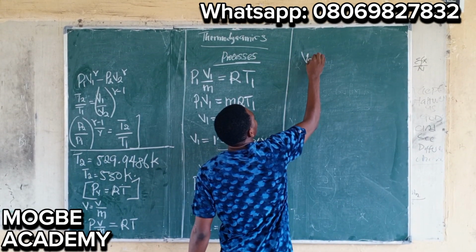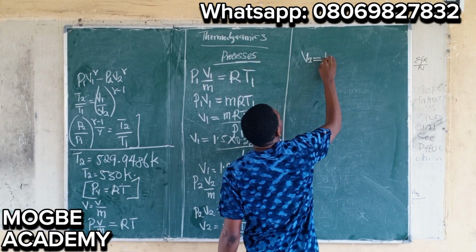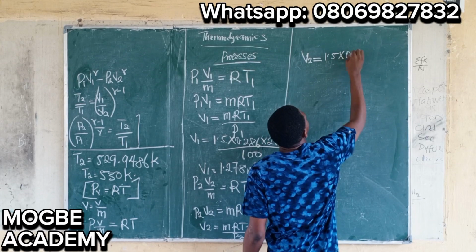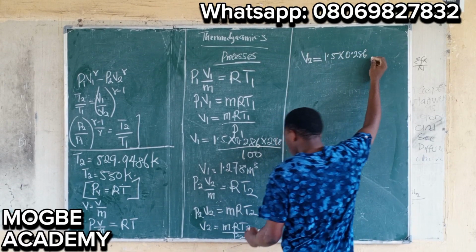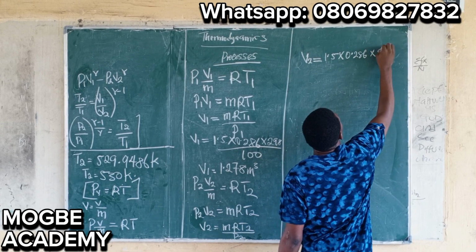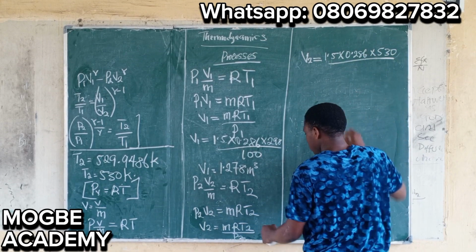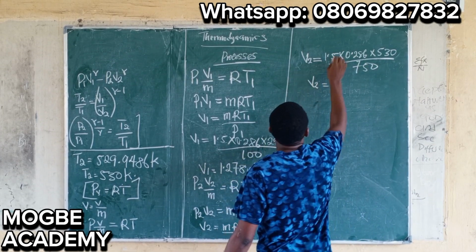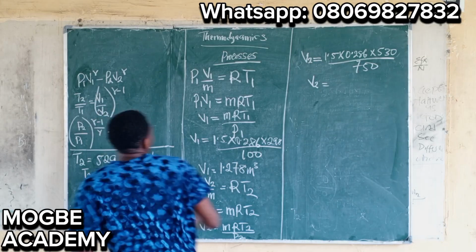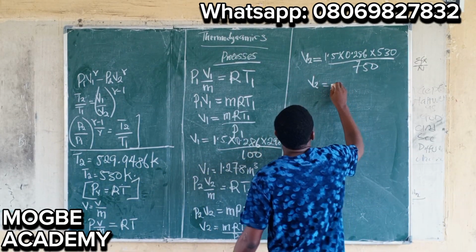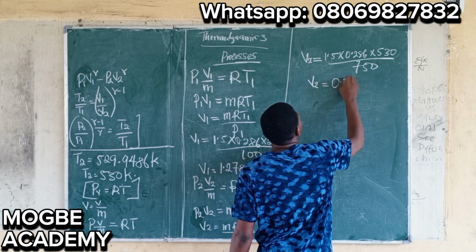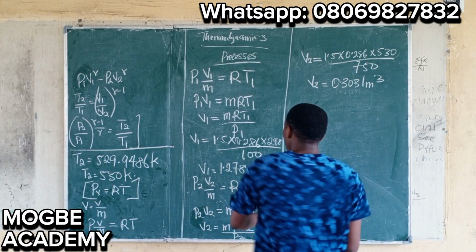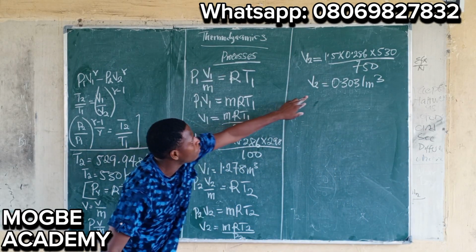What's mass? 1.5. What's our R? 0.286. What's T2? 530, divided by 750. So now let's get V2. 0.3031 meter cube. We've used this concept to get V2.